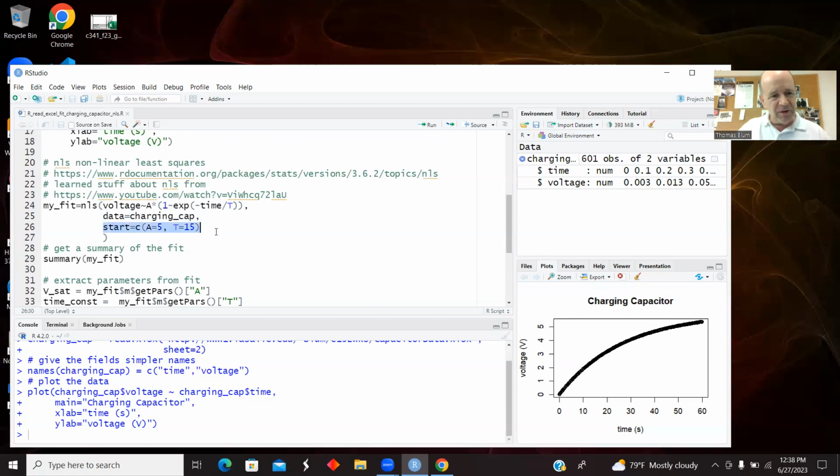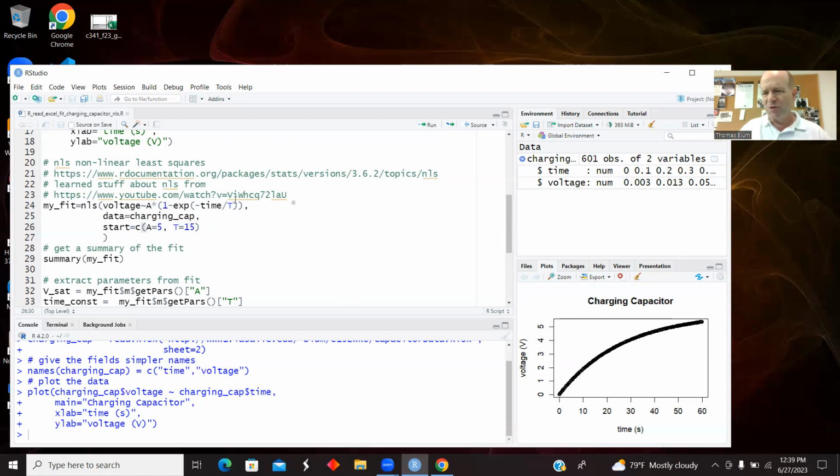And then the third argument here is a vector to give my parameters a starting point. C is just indicating that it's a vector, and my starting point is a vector of two things. I'm starting off the A at 5, so I say it's going up to 5. It's actually going up to more than 5. And then it's going to take about, I don't know, 15 seconds to do that.